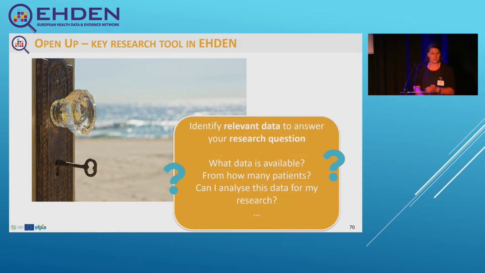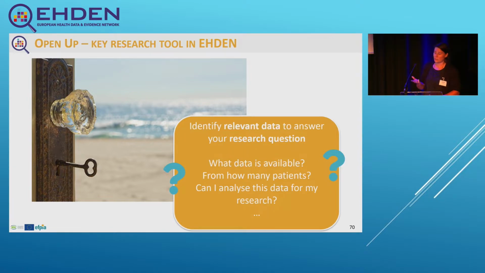So you can identify the data partners, the institutions that have those highly standardized data that you can use for analysis. It's not only a map where you can find the institutions, but it also gives you a way to query the data and find the relevant data for the research question you want to answer.